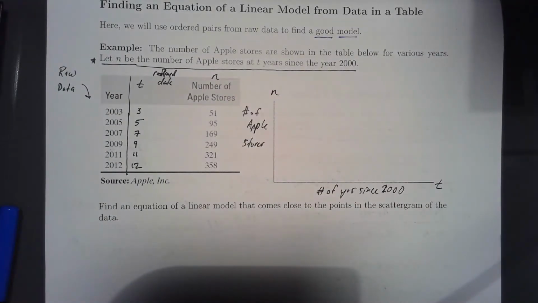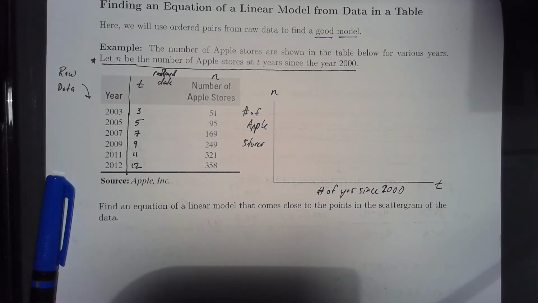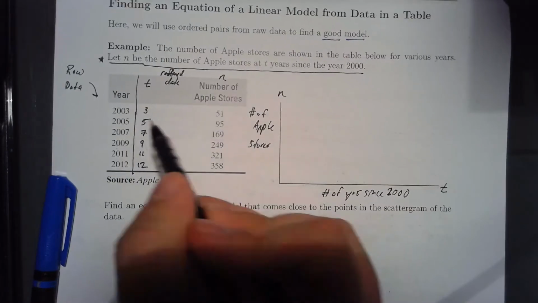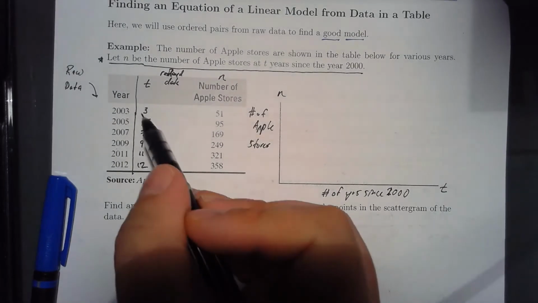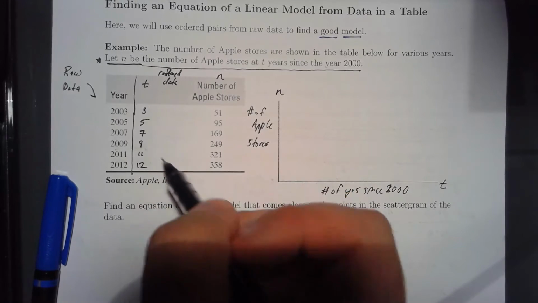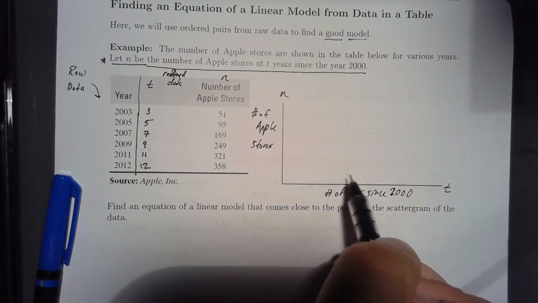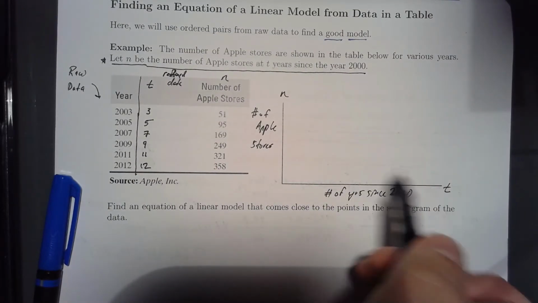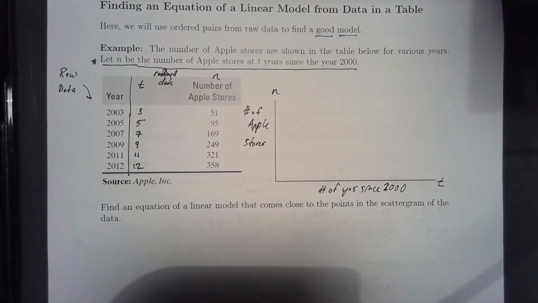Now, you want to think of an increment size here. So 3, 5, 7, 9. If I go every 2, like 0, 2, 4, 6, 8, 10, 12, that's probably a good idea. So I'll do that as best as I can.